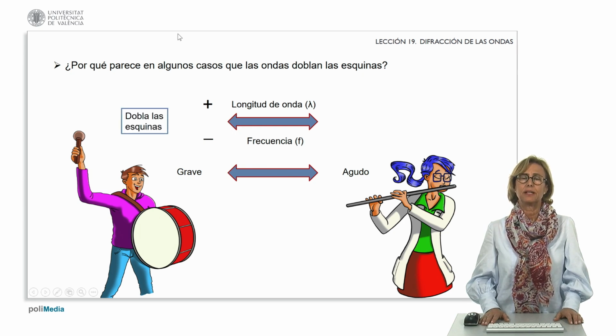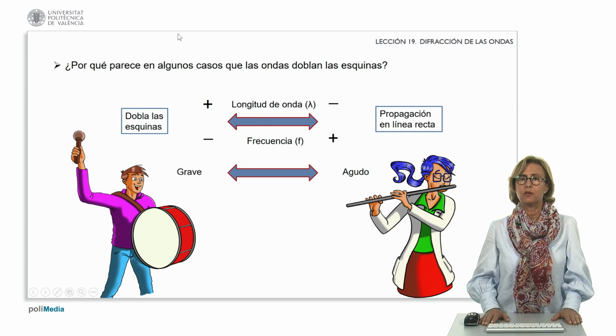Now we'll see what happens with Amanda. In Amanda's case, when she plays the flute, the sound is higher pitched. It is a higher frequency sound, and therefore the wavelength is shorter. What happens? Well, it seems that in this case the propagation is in a straight line.